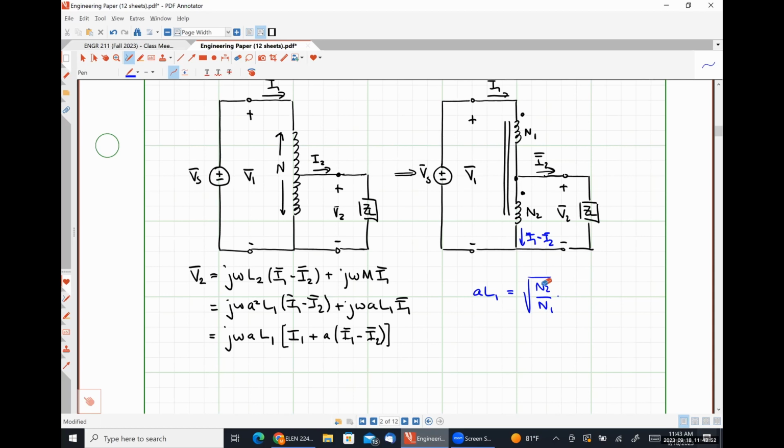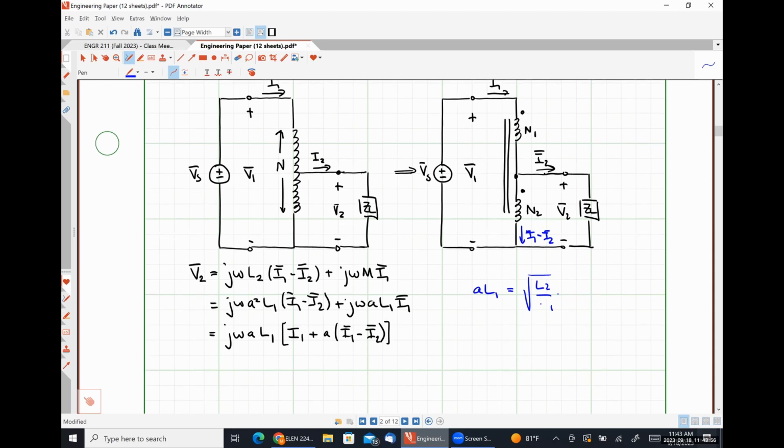No, I'm sorry, these shouldn't be N's, they should be L's. So that's going to look like the square root of L1 squared times L2 divided by the square root of L1, which cancels that, literally the definition of M.